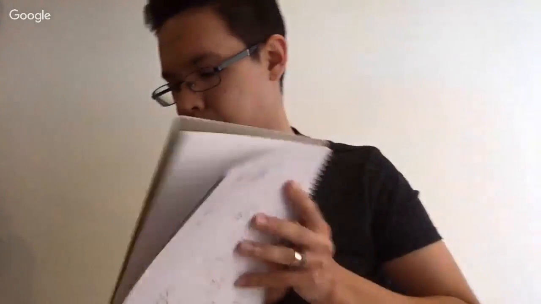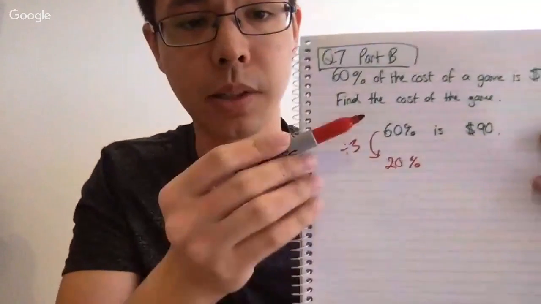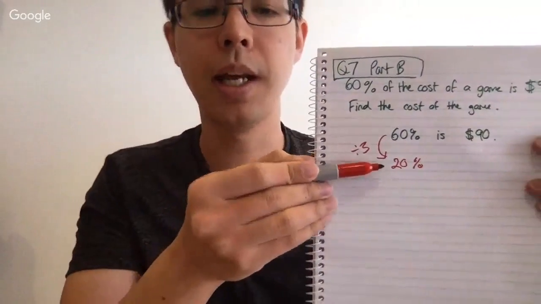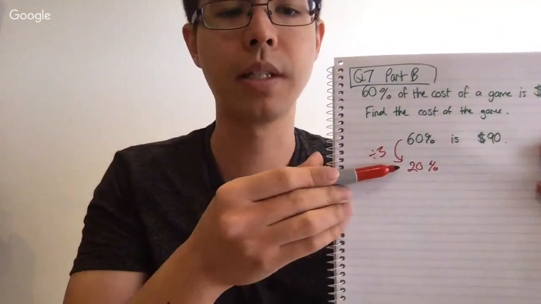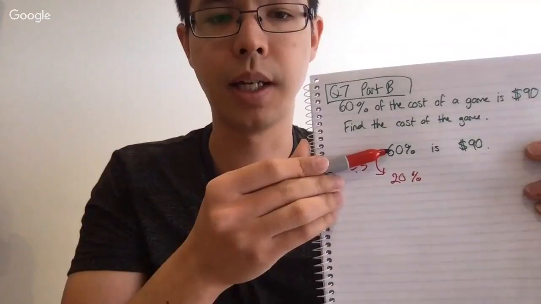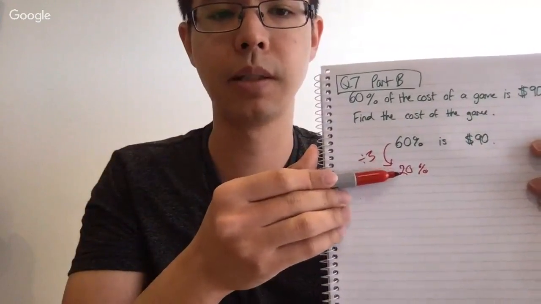So here's the solve. To go down to 20%, I have to divide that answer by 3. You can see that there. So I'm going to try and reduce it down to 20. The reason I've chosen 20 is that I want to find the smallest number I can.